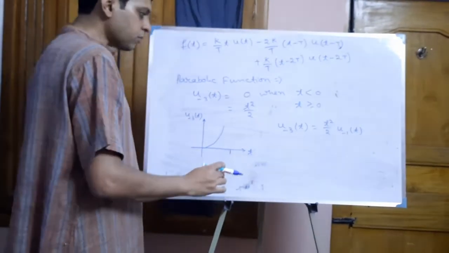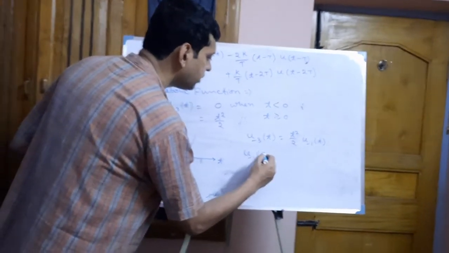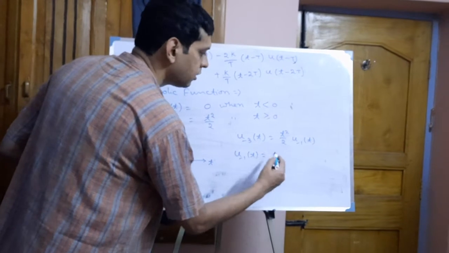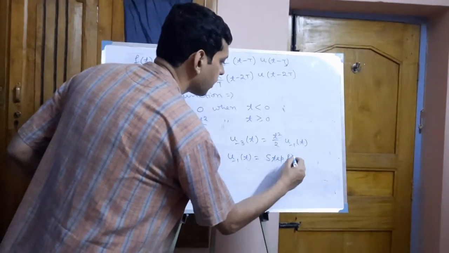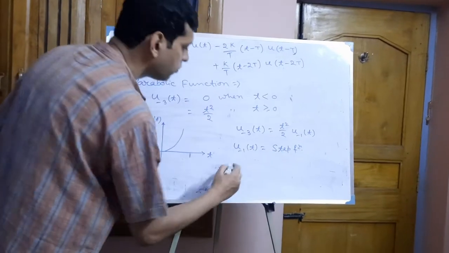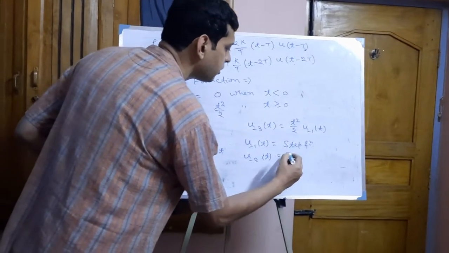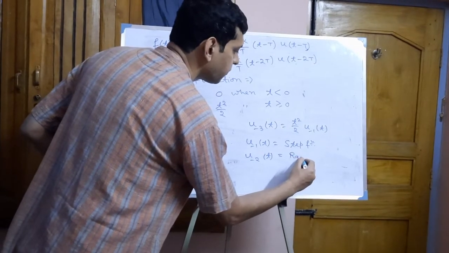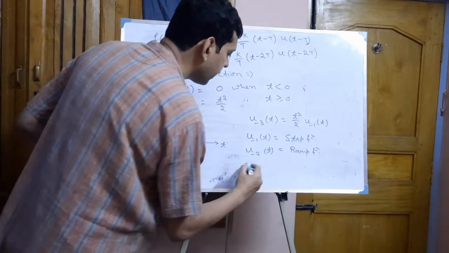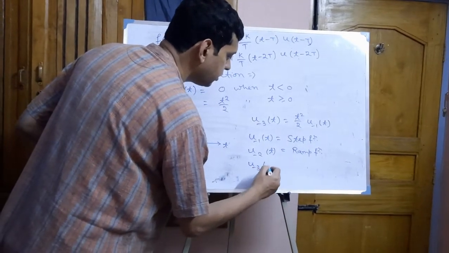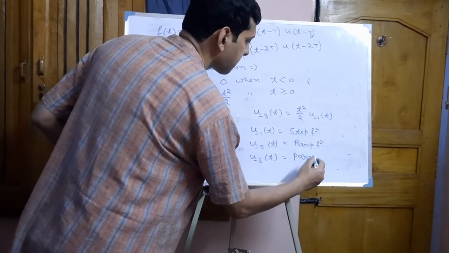So we have seen that u minus 1 (t) equal to a step function. Now u minus 2 (t) equal to a ramp function, and u minus 3 (t) equal to a parabolic function.